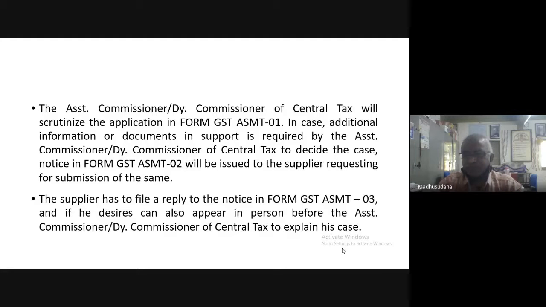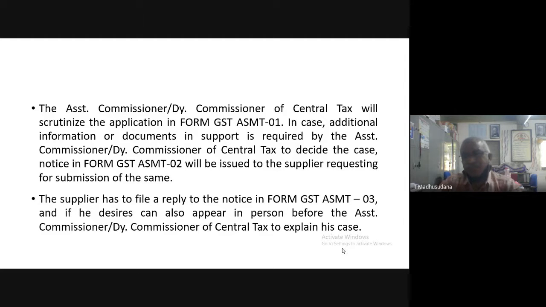In case additional information or documents in support is required by the assistant commissioner or deputy commissioner of central tax to decide the case, notice in form GST assessment 02 will be issued to the supplier requesting for submission of the same.